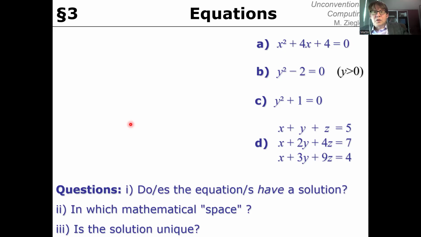And so for those of you who know about linear algebra, the answer is yes, this system of equations has a solution in three-dimensional Euclidean space. And this solution is also unique because this system of equations actually comes from a so-called Vandermonde matrix.